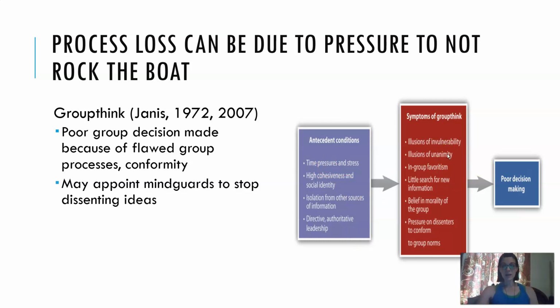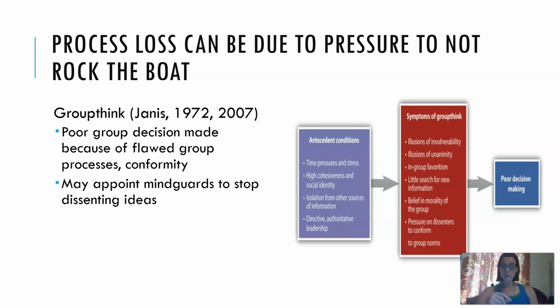Now, what are some of the different symptoms of groupthink? We will have an illusion of invulnerability, the idea that the group is the most important thing and they never make a mistake and we make all the right decisions. There's an illusion of unanimity, the idea that everybody agrees, even if that's not necessarily the case.